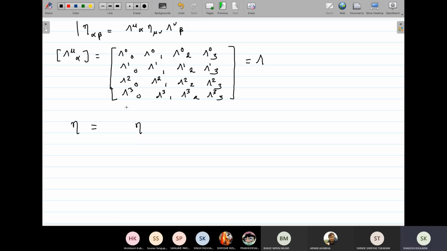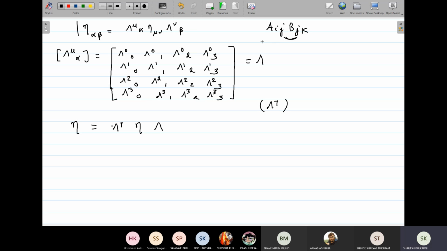It means that in the matrix notation it will be lambda transpose eta lambda, right? Ideally, the column of the first should be summed over the row of the second. If you consider matrix multiplication a i j b j k, there is a sum over columns.